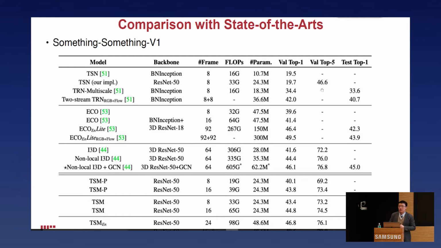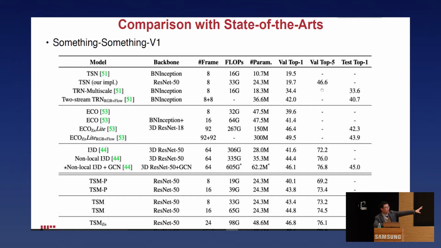Not only compared with 2D models, but also compared with 3D models, we did an extensive comparison study with peer work, including TSM, TRN, those 2D methods, and also the ECO family, and the widely used I3D family and its variants.